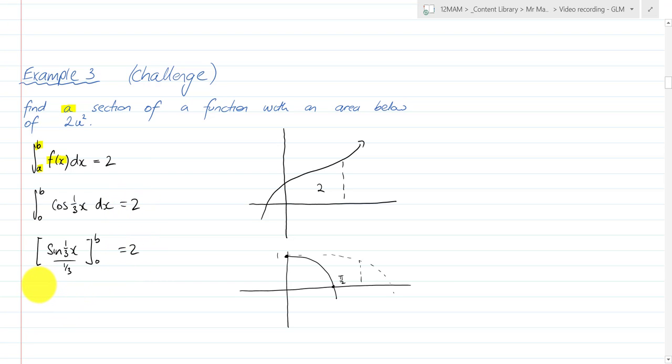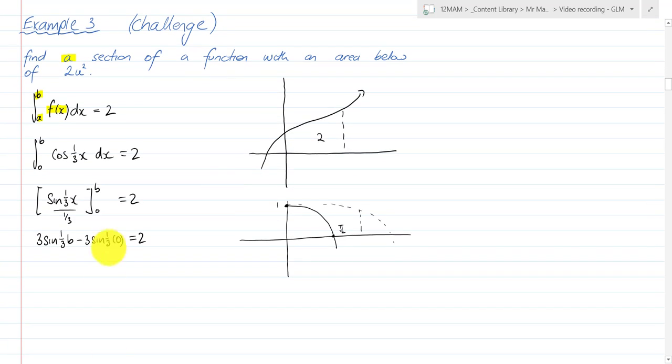And so now I get, dividing by a third is the same as multiplying by 3, I get 3 sine of a third b minus 3 sine of a third times 0 has to equal 2. Now this is interesting because sine of a third times 0 is sine of 0, and sine of 0 is 0. So I get 3 sine of a third b equals 2.